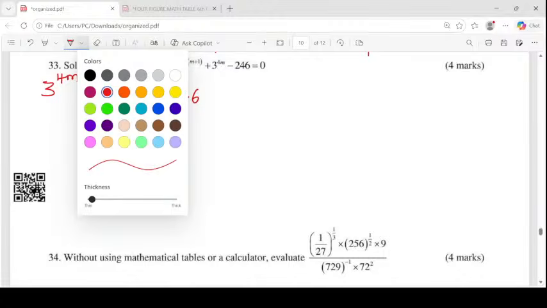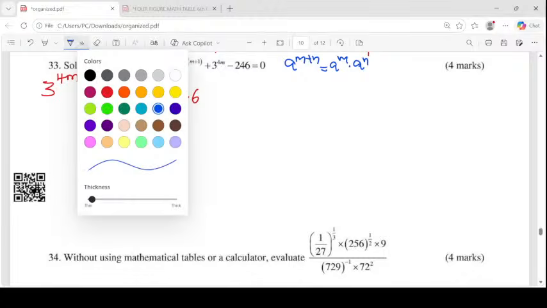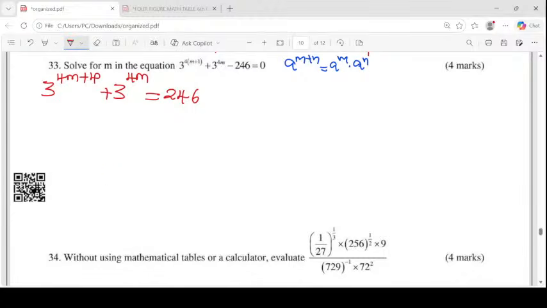Then applying the laws of indices, this is the law that we are going to apply: a power m plus n is like saying a power m times a power n. So applying that law, 3 power 4m plus 4 is like saying 3 power 4m times 3 power 4, plus 3 power 4m, equivalent to 246.